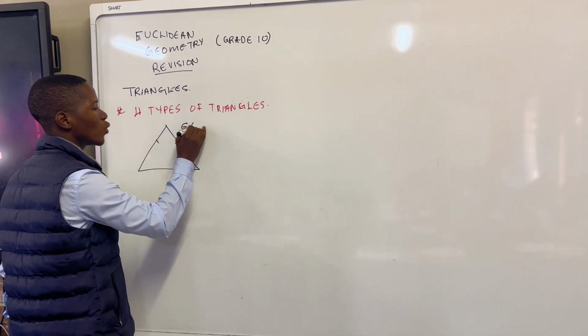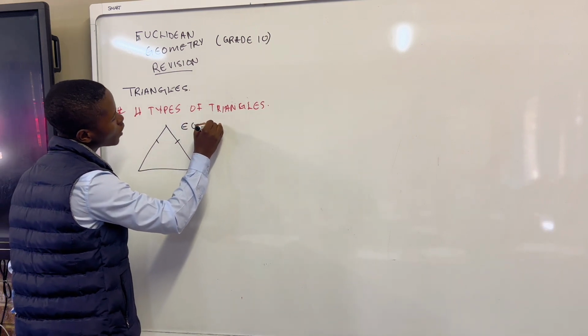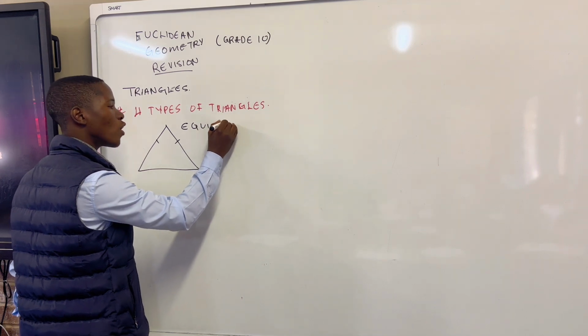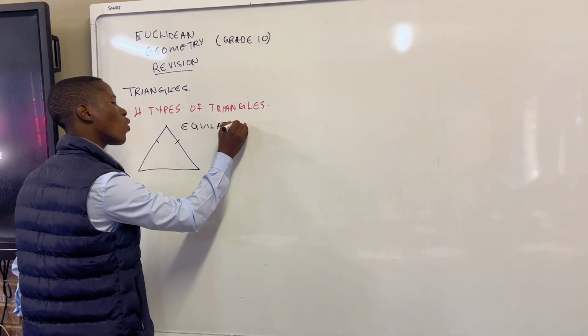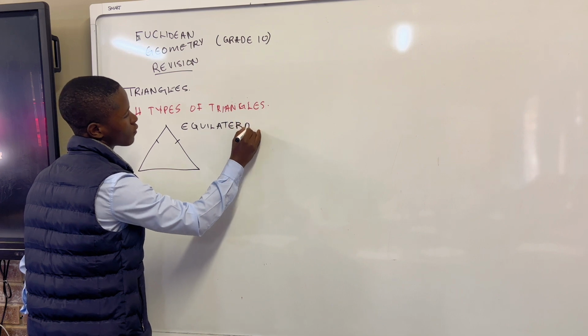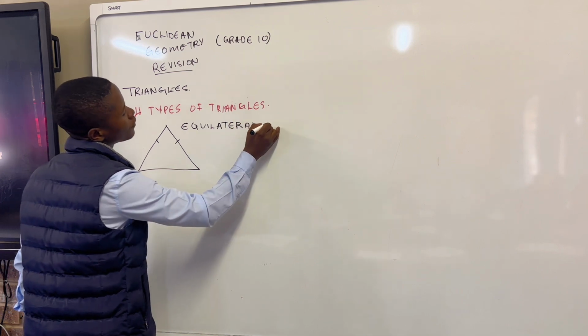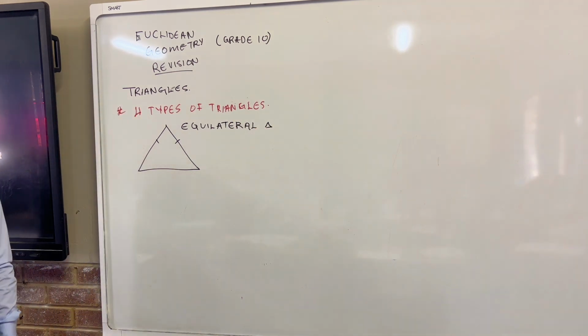This is your equi. And remember, the equi is deduced from equal. We are having our equilateral triangle, right?